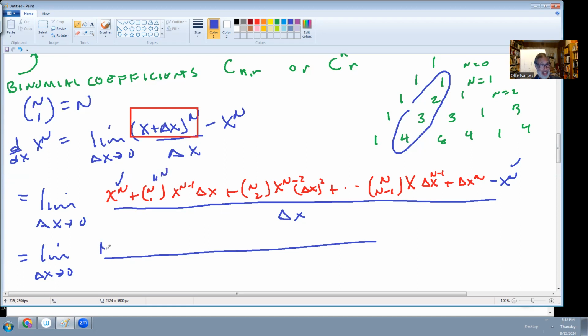So now I have an n, x to the n minus 1 delta x. I'll keep this thing here. And then what I'll do is I'll put this in purple just to change things up. This will be n choose 2, x to the n minus 2 delta x squared. And it goes all the way out to delta x to the n.